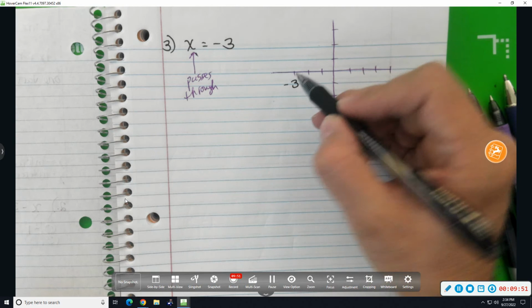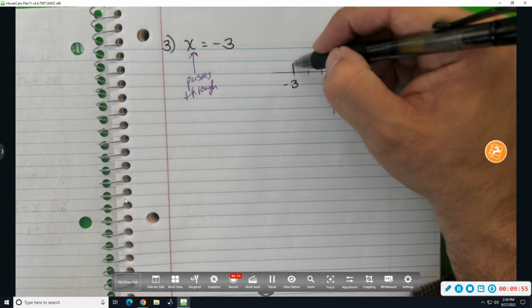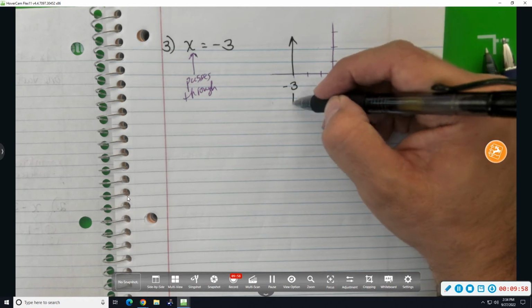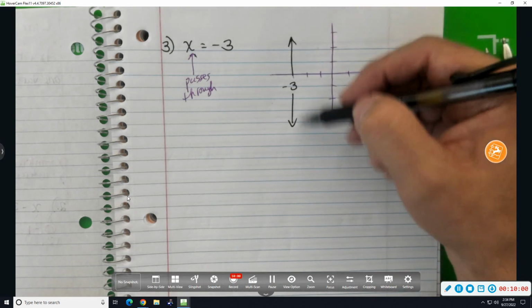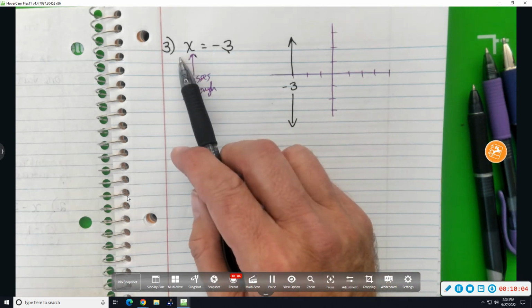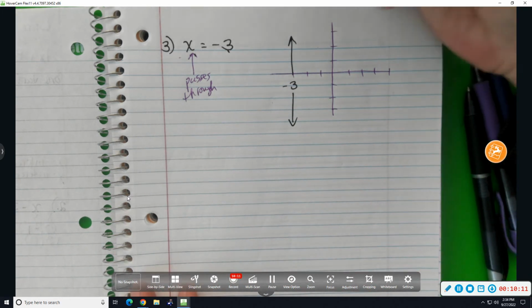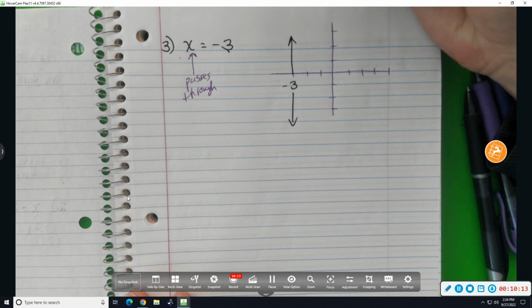x-axis. What sort of line would cut through that? Vertical or horizontal? I love vertical. So do y'all see why we're saying this is a vertical line passing through -3 on the x-axis? A horizontal line wouldn't pass through -3 on the x-axis. A horizontal line passes through the y-axis.